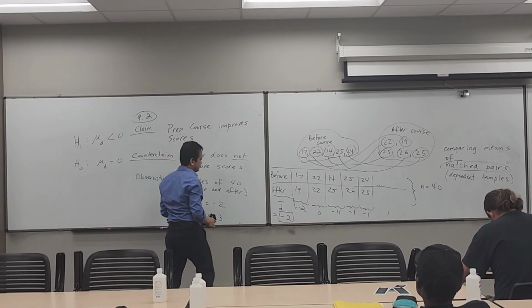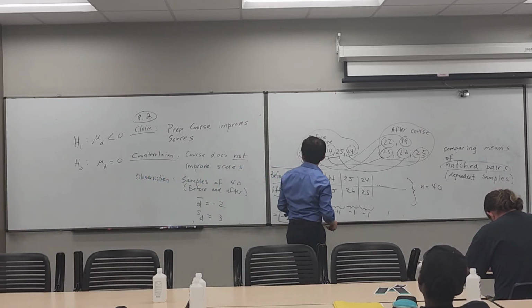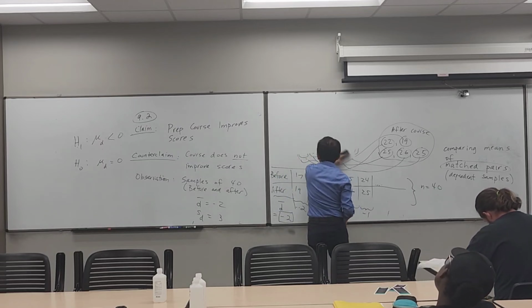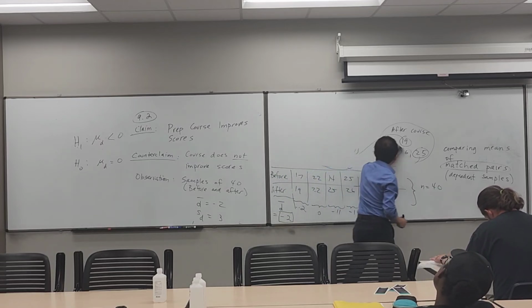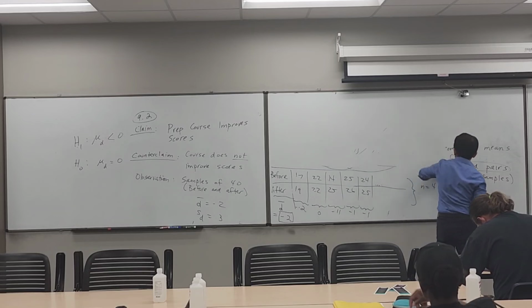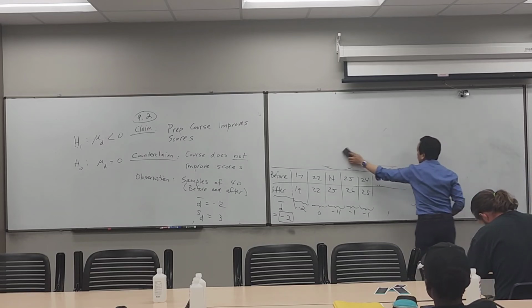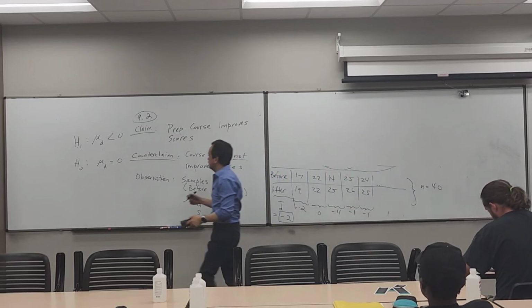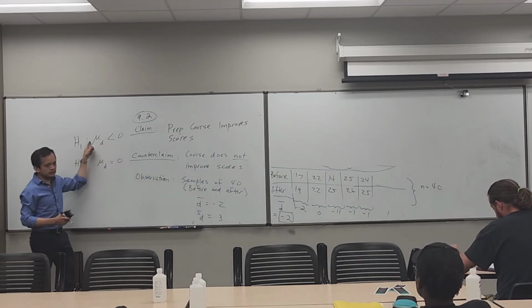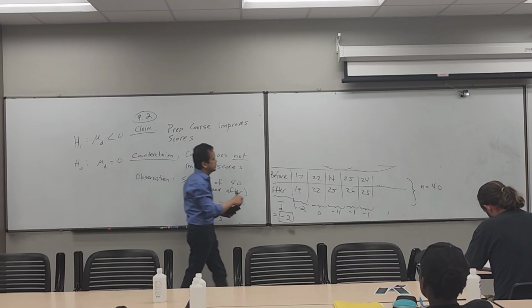Because we're dealing with a claim that has a population mean in it, again, we're going to use a t-score distribution.